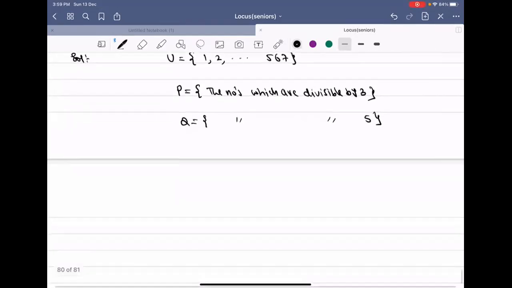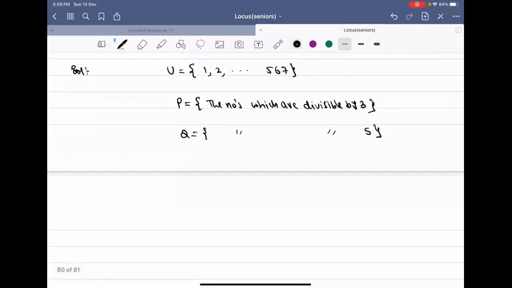Now tell me, according to the earlier result, the number of elements in P is equal to what? Between 1 and 567, how many are divisible by 3? Calculate it, and similarly 567 by 5.